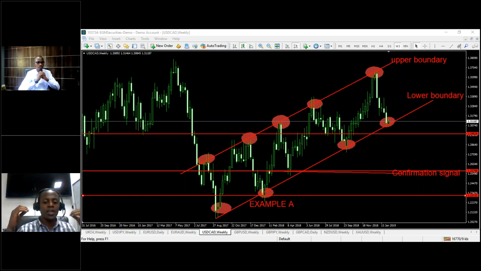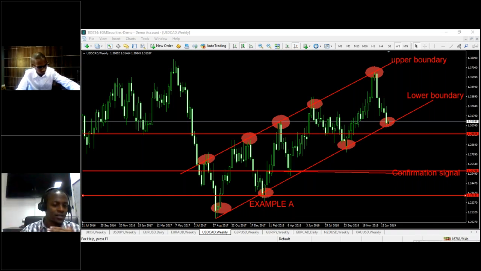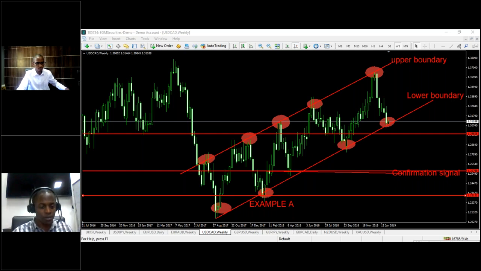Okay, and the beauty of price action is, one, you'll get better high probability setups. You're going to get less risk. You're going to identify trends early, before even an indicator person or a fundamental guy identifies that the market is moving. And this awards us with a low risk, high reward ratio.